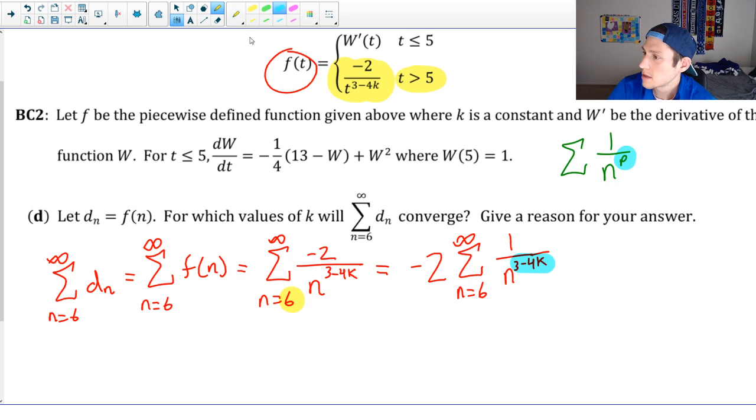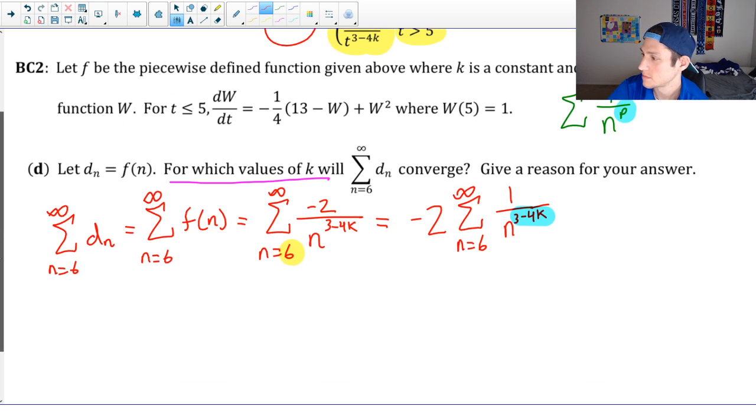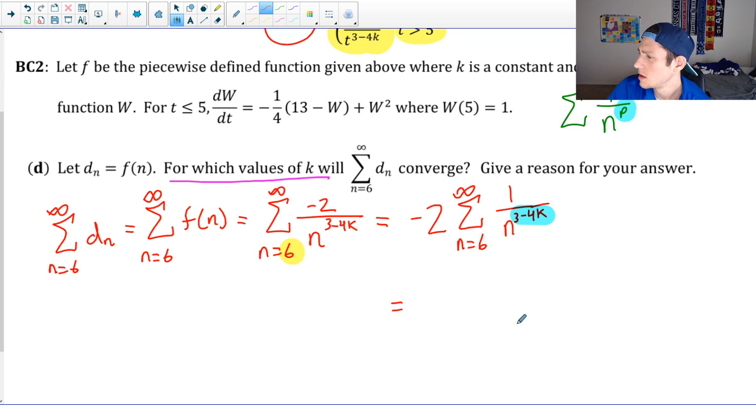But that makes sense because the question asks us for which values of k. So I need to think to myself, when do p-series converge?